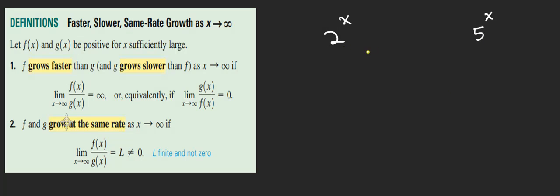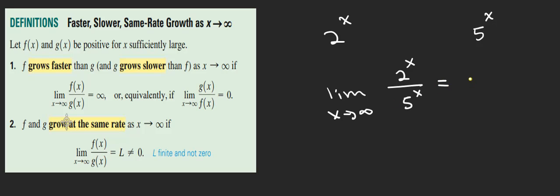What if they're both exponential and they have a different base? Which one grows faster? Well, if they're both exponential and with the same exponent, the one with the higher base will grow faster. So let's say you got limit as x goes to infinity of 2 to the x over 5 to the x.